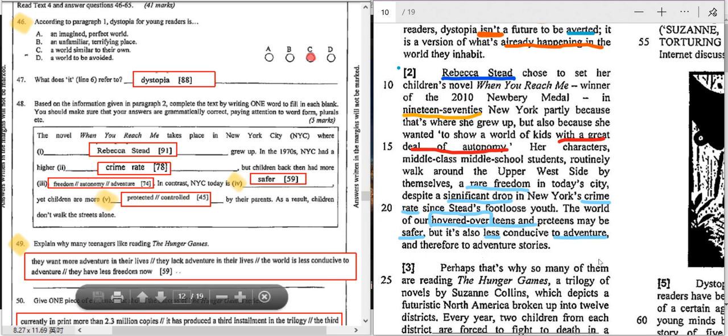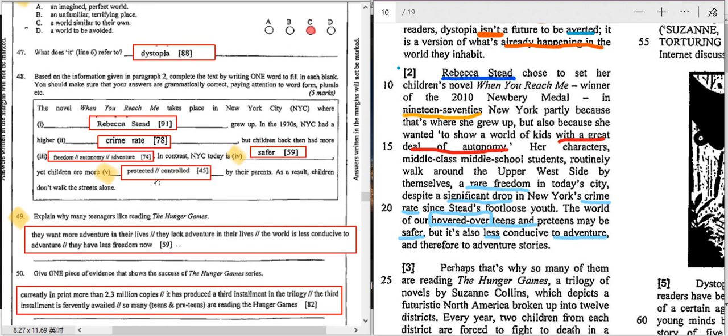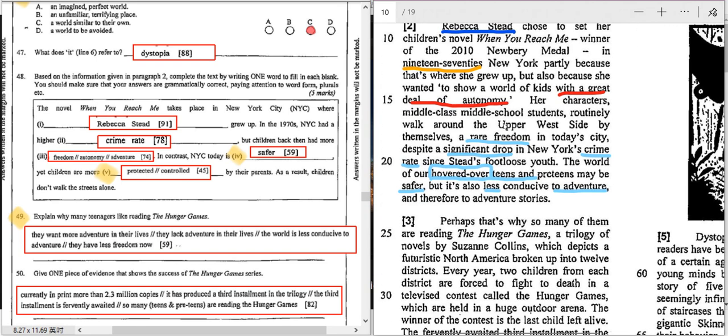So you don't exactly find the word protect or controlled here, but from these words you know that the meaning should be protecting or controlling. The parents controlling, protecting their children. It's a more challenging one because it requires some understanding, your own interpretation of the whole text, and the word is not found there.